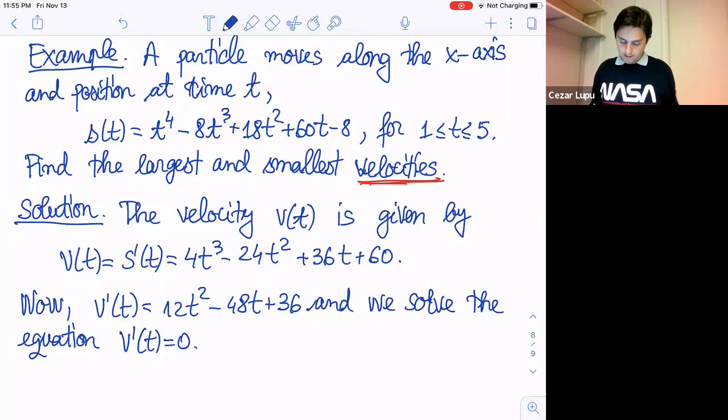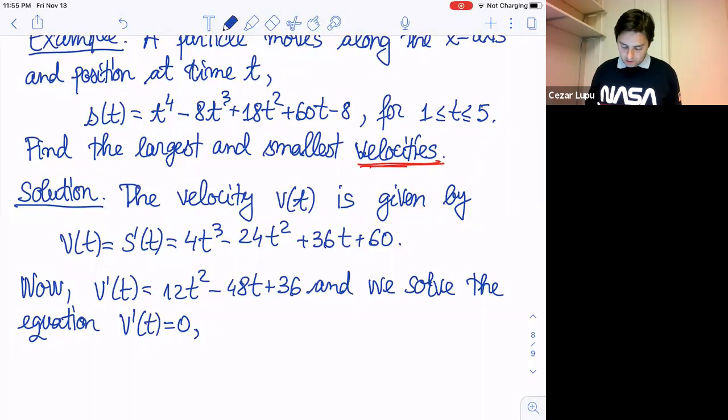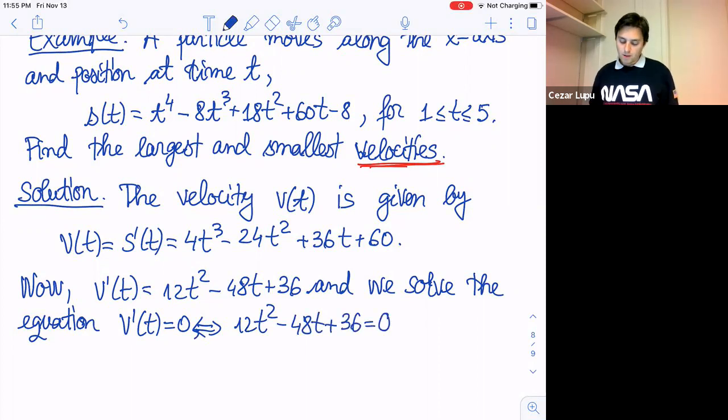Let's see, this is equivalent with 12t squared minus 48t plus 36 equals 0. Okay, we can factor 12 here.